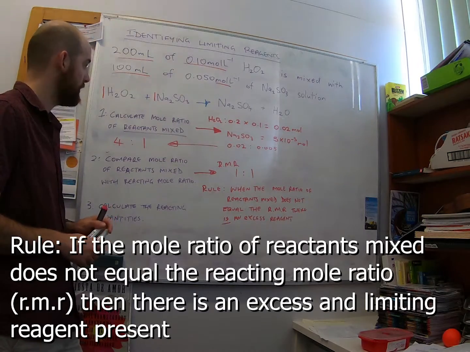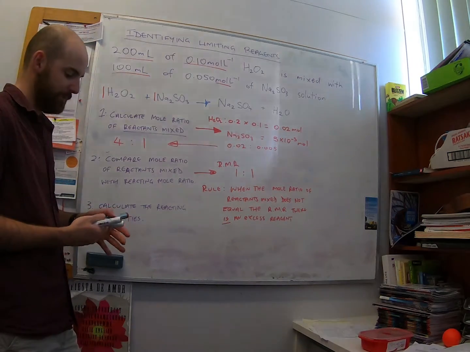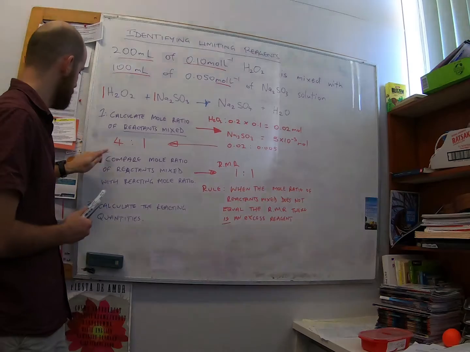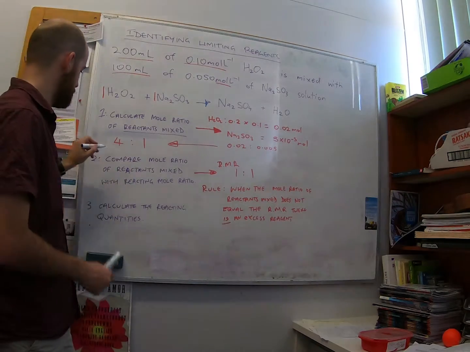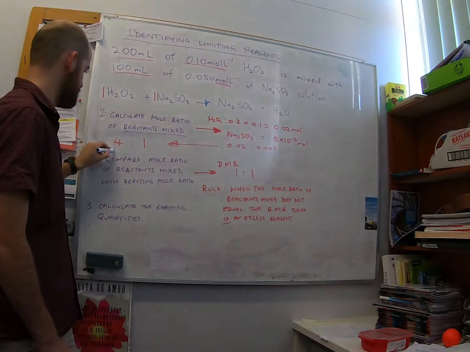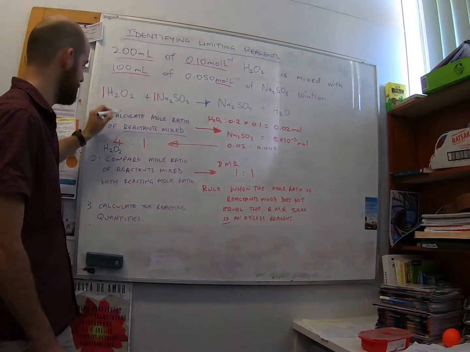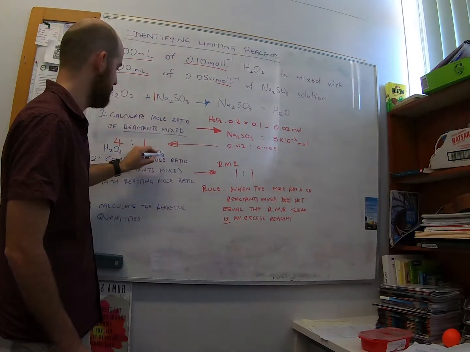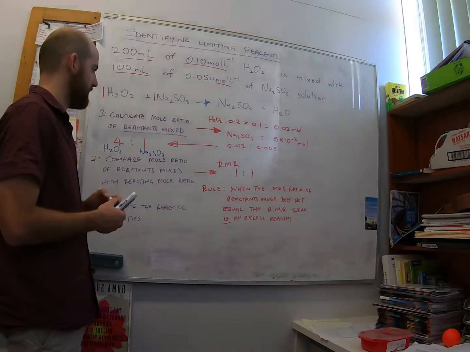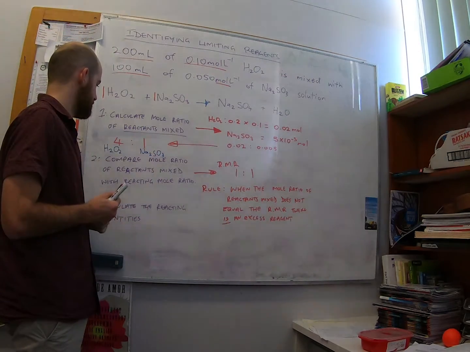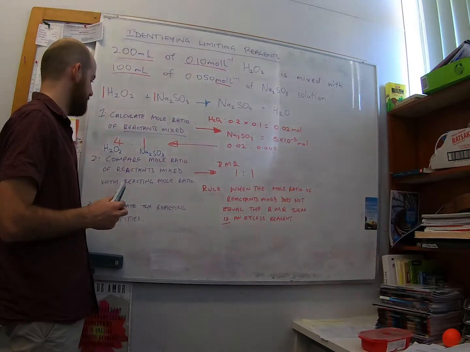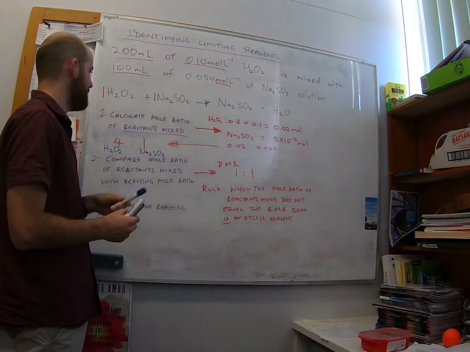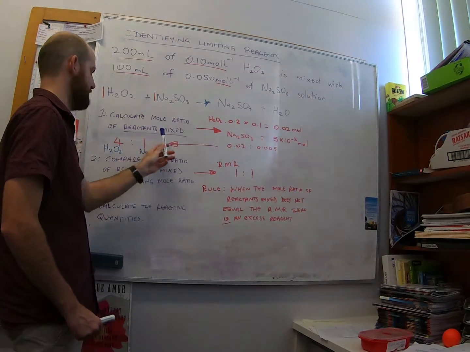Okay, so which one is the excess and which one is the limiting reagent? Well, the way that these ratios have been set up is so that our hydrogen peroxide is on the left-hand side of the ratio and our sodium sulfite is on the right-hand side of the ratio. Okay, so we've got 4 parts hydrogen peroxide to 1 part sodium sulfite in our mole ratio for reactants mixed.